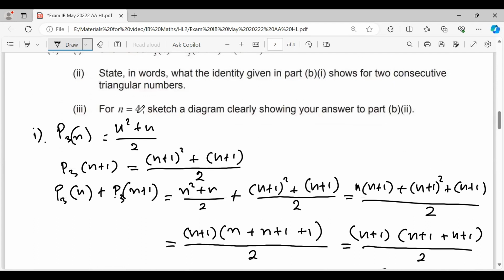B3. For n equals 4, sketch a diagram clearly showing your answer to part B2.